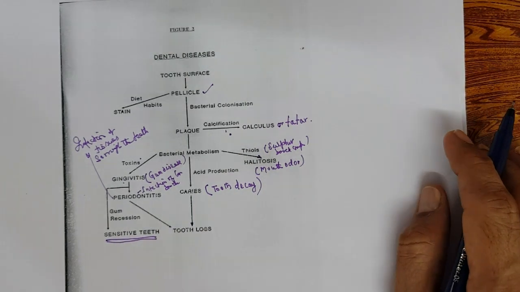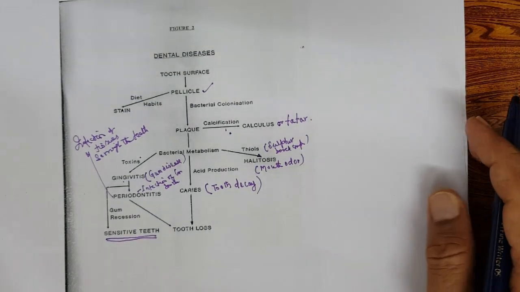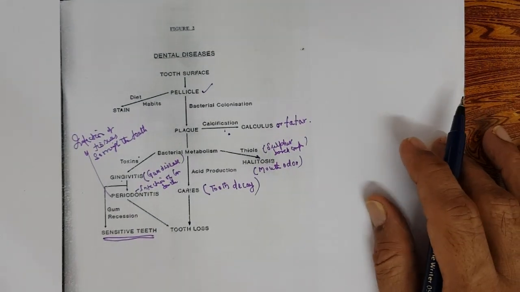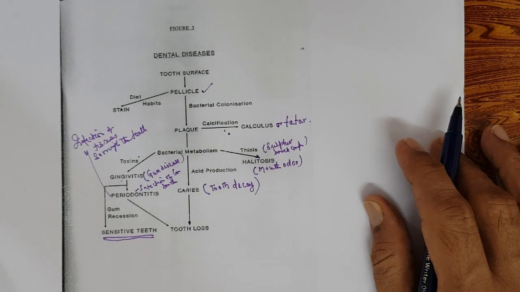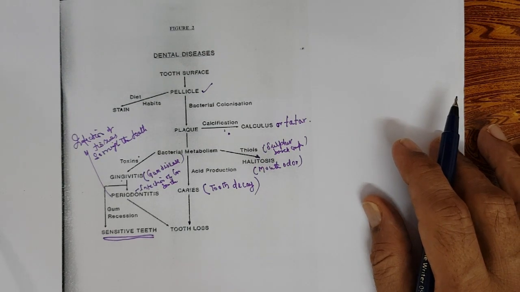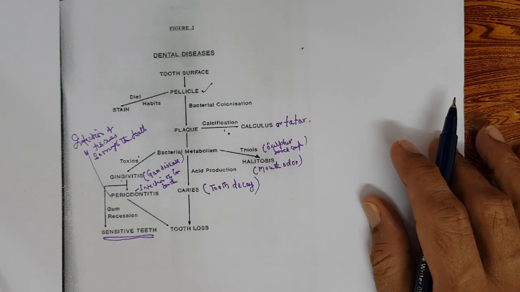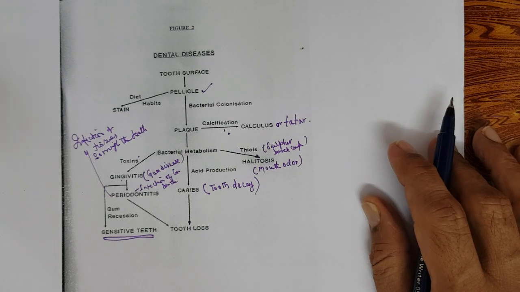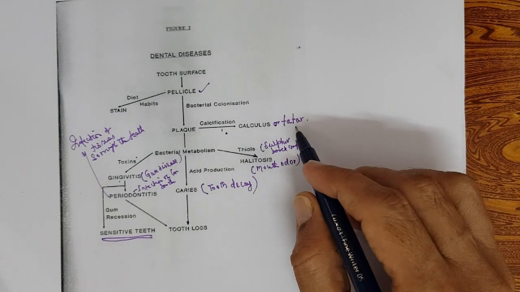So now remember this very well. When a toothpaste is developed for plaque, or a mouthwash is developed for mouth odor, or a toothpaste is developed for sensitive teeth, you have to understand how the sensitive teeth is caused, and what the possible causes for the mouth odor are.